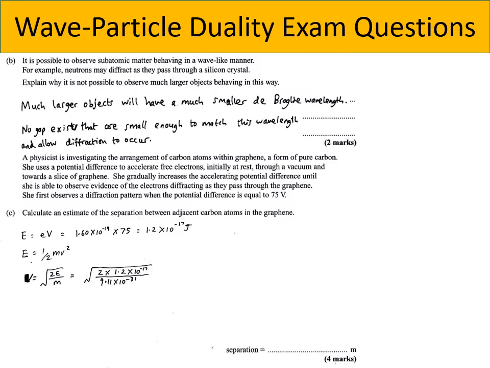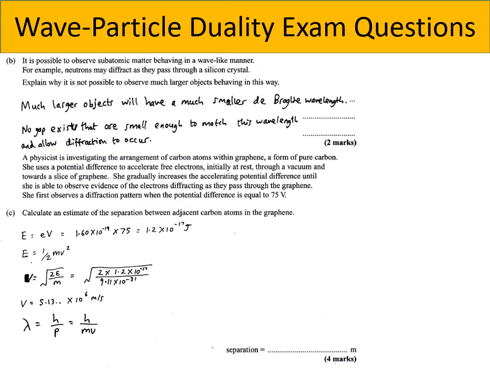Making v the subject, we get v equals the square root of 2E divided by m, which is the square root of 2 times 1.2 times 10 to the power minus 17 joules divided by the mass of an electron, 9.11 times 10 to the power minus 31, which gives a value for v of 5.13 continued, multiplied by 10 to the power 6 meters per second.